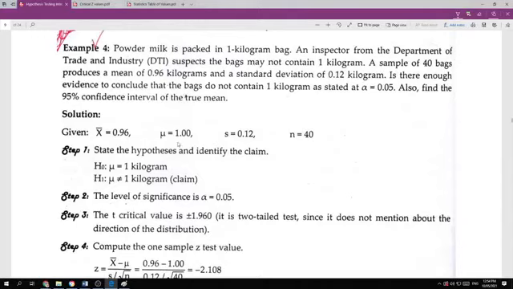Example number 4. So here, powder milk is packed in 1 kilogram bag. An inspector from the Department of Trade and Industry suspects the bag may not contain 1 kilogram.